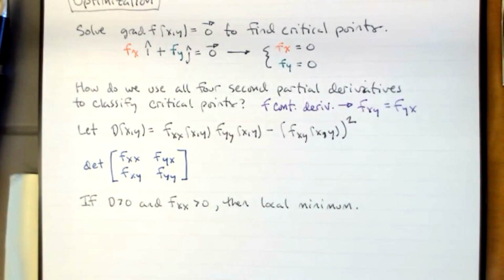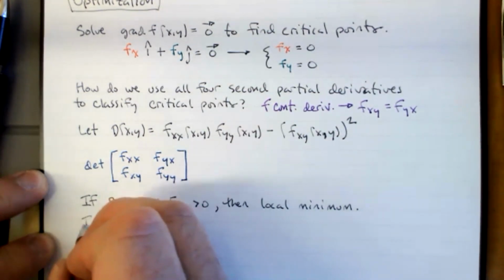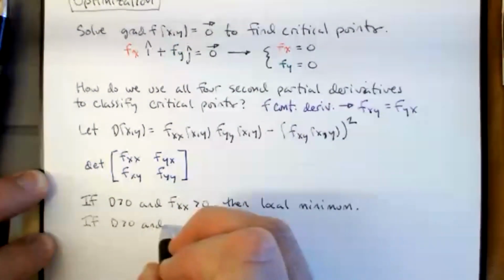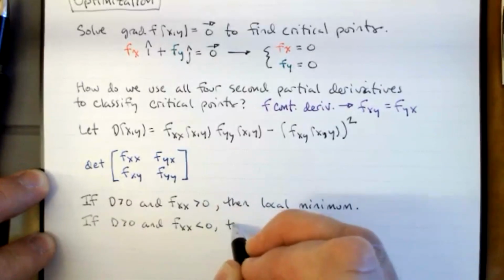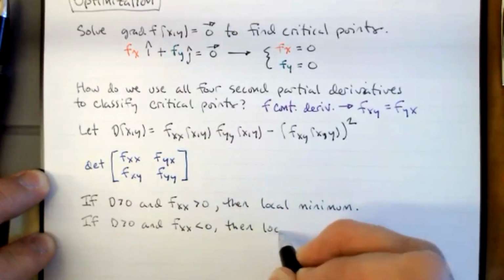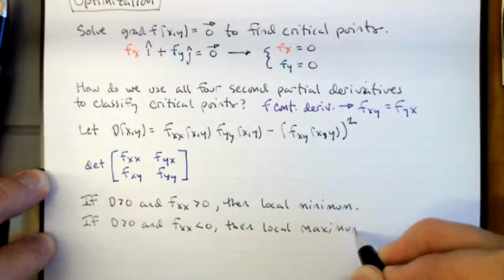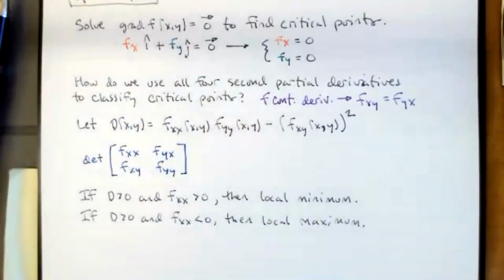Then the second part said, if D is positive and fxx is negative, then local maximum. So it looks like we're making the decision based only on fxx, and we should be concerned about all four.